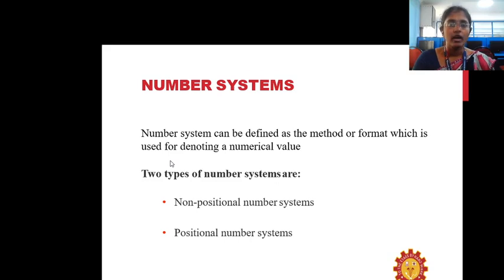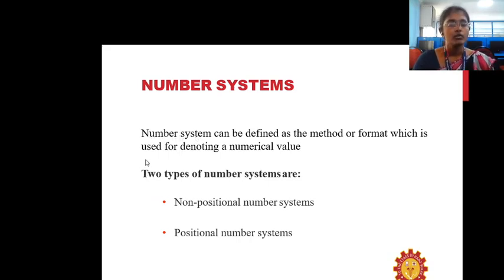After getting converted as numerical values, only then can the processor process those numbers. So before converting each and every element, each and every input data given as a code in any kind of language, the number system is used to represent the conversion.